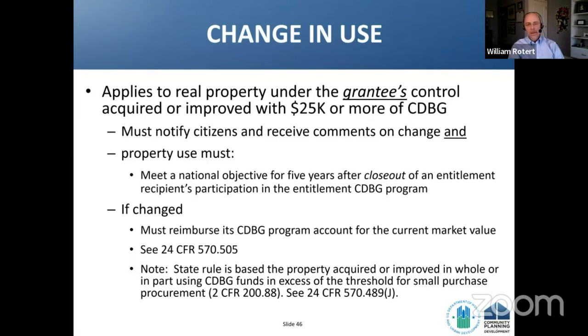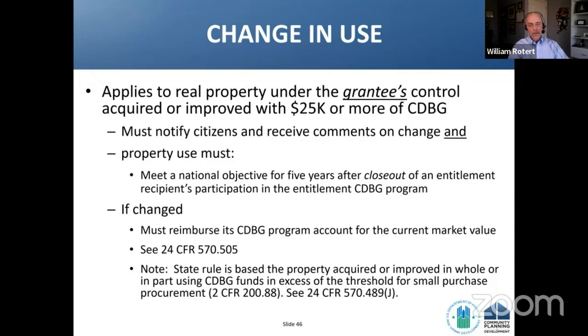Keep in mind that for a state grantee, the rules are different because you're dealing with units of general local government. The state rule is based on property acquired or improved in whole or in part in excess of the threshold for small purchases that Dion mentioned earlier. So that's the dollar threshold under the state program, and the rule is slightly different there.